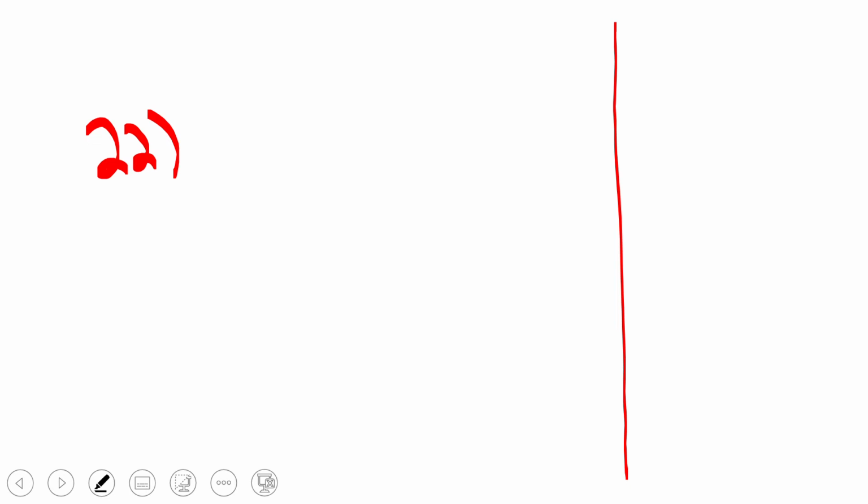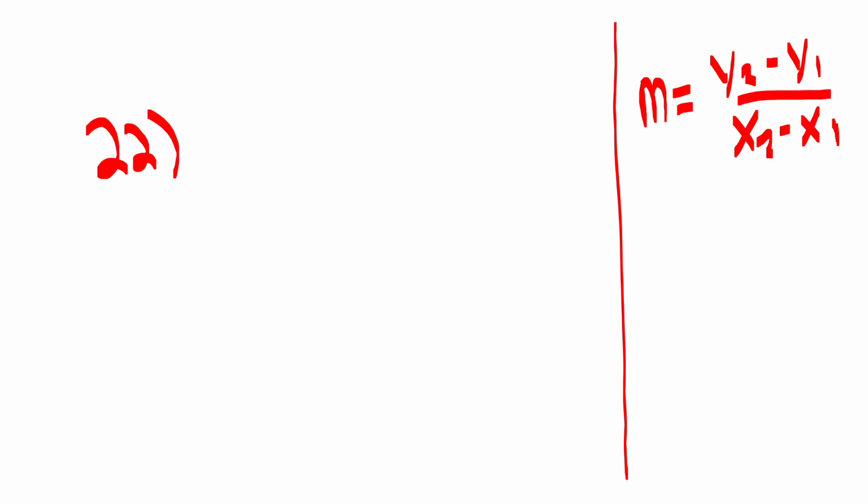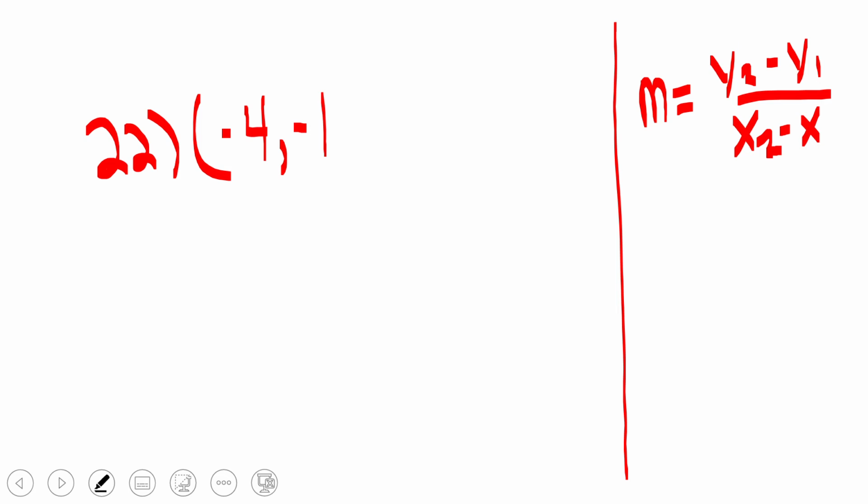So remember our formula is slope equals y subscript 2 minus y subscript 1 over x subscript 2 minus x subscript 1. And the value you're given for the first ordered pair is negative 4, negative 1. For the second, you're given negative 1 and 7.